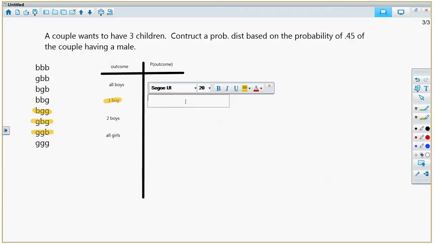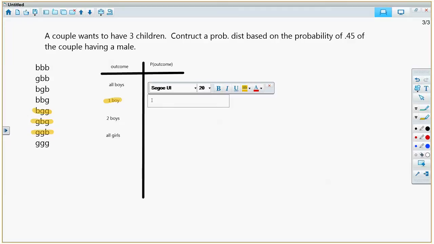So I've got to make this one, first of all, let's take the first one. What's the probability of a boy? 0.45. Then what's the complement of 0.45? 0.55, that's right, class. So this one is going to be 0.45 times 0.55 to the what power?